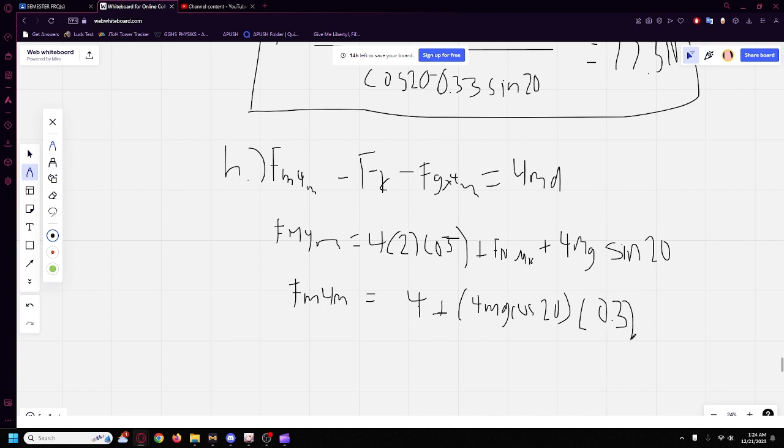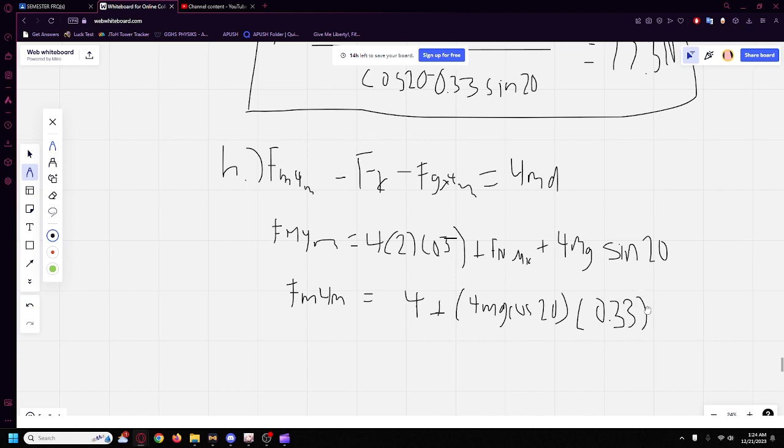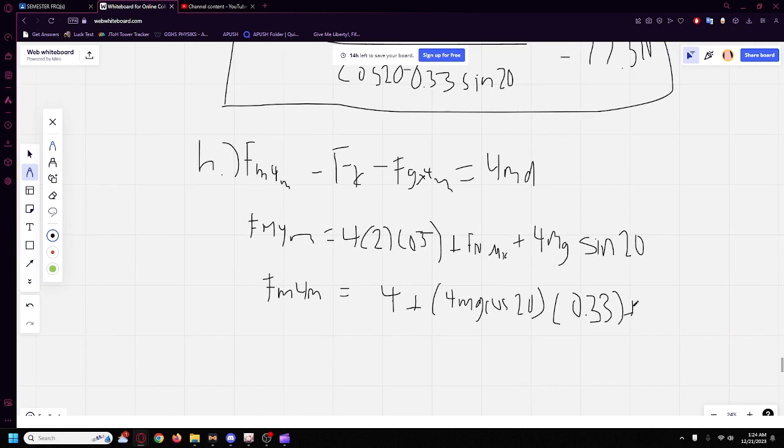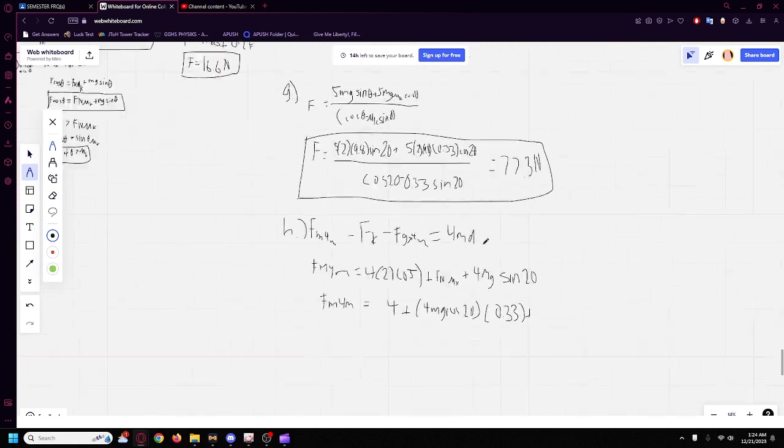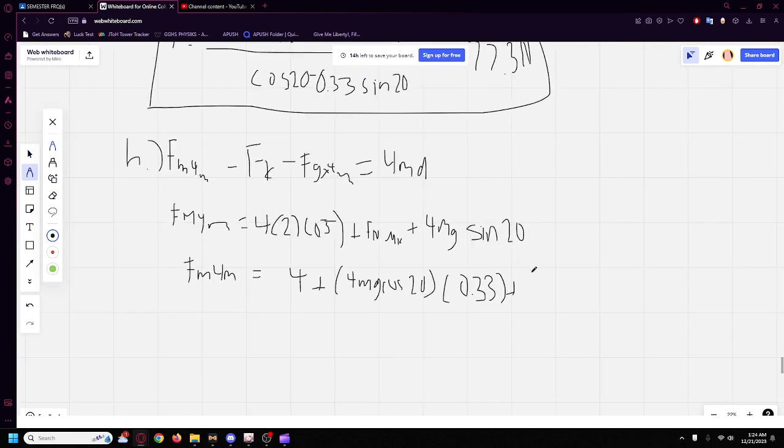You don't add or subtract anything to it because there's no y direction that affects it.